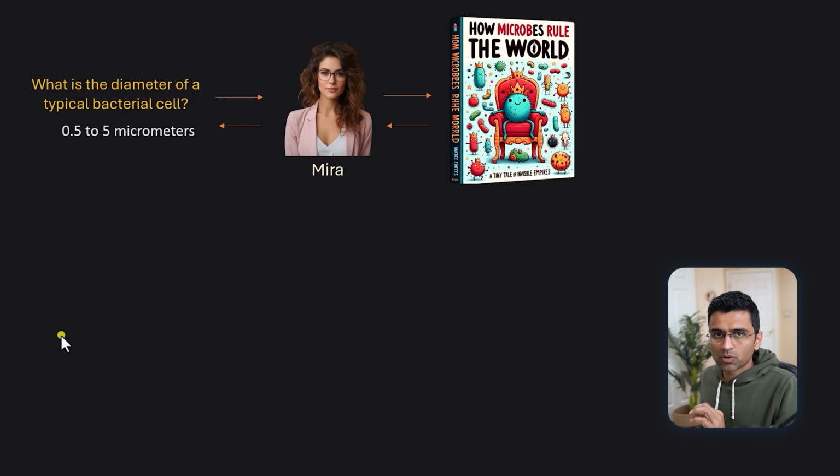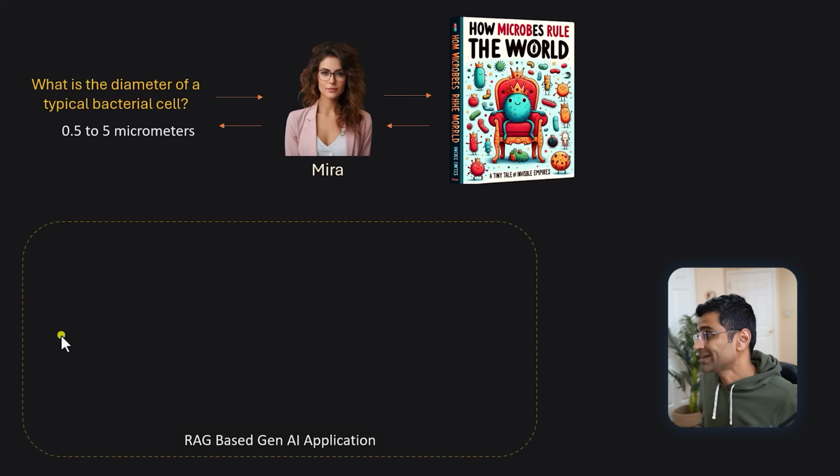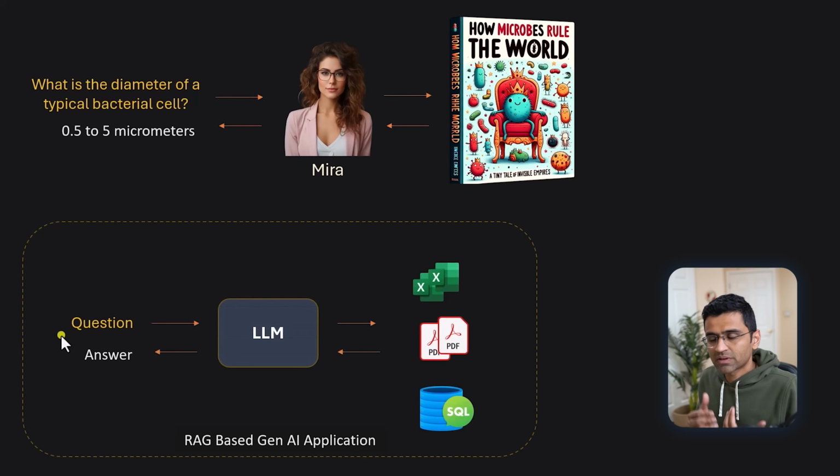Similar to this approach, when you are building RAG based Gen AI application, what you do is you take question from a user, and the LLM or the large language model will refer to our database. Now this database could be Excel files, PDF documents, SQL database, anything.